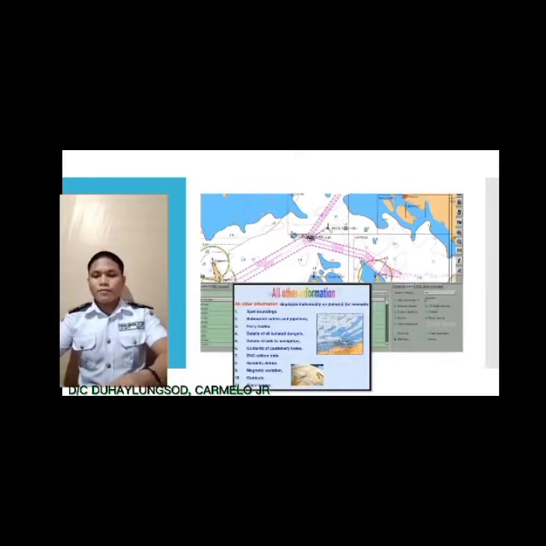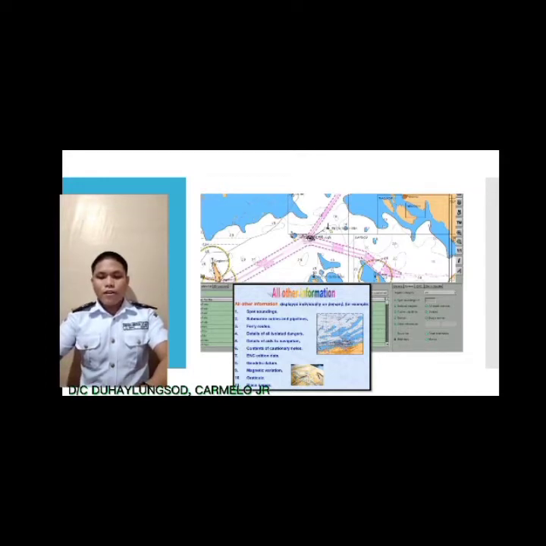And for all information display, ECDIS should be capable of displaying all ENC information available for display during route planning and route monitoring. It should be subdivided into the following three categories: the display base, the standard display, and all other information.